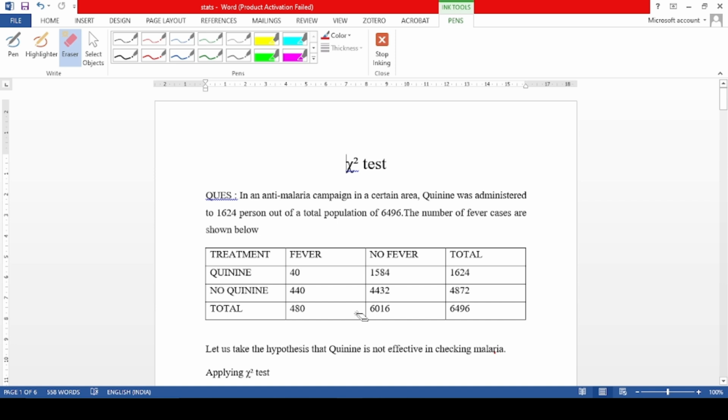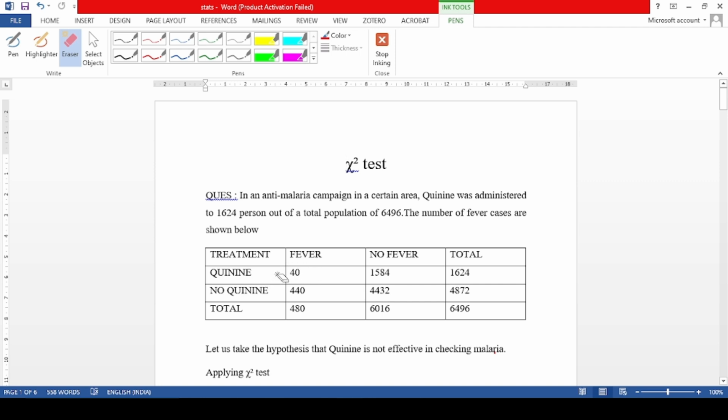So what happened is in a certain area, the quinine, which is the drug or the medicine that is used to treat the malaria, was administered to 1,624 persons out of a total population of 6,496. So these many people were given it as a medicine while others were given a placebo therapy.